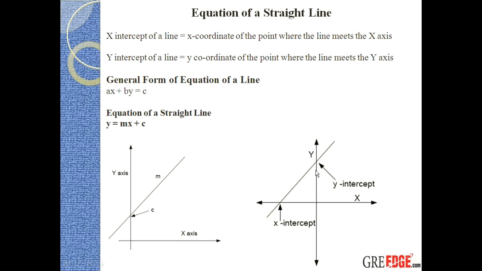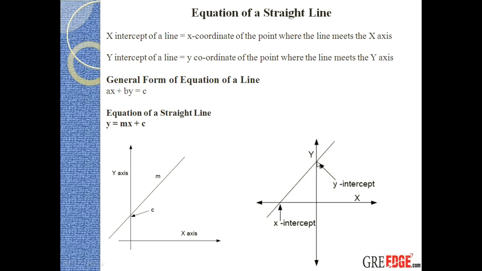The point where the line intersects the x-axis, say 4 units from the origin along the x-axis, is the x-intercept of this line, which would be 4, and the point is denoted by 4 comma 0. Now consider where it intersects the y-axis.